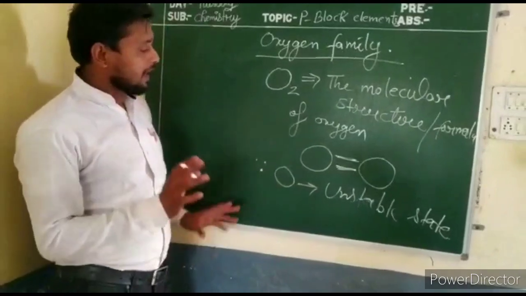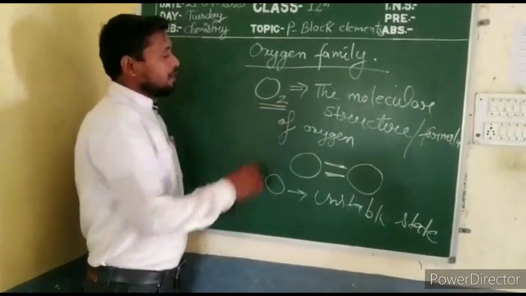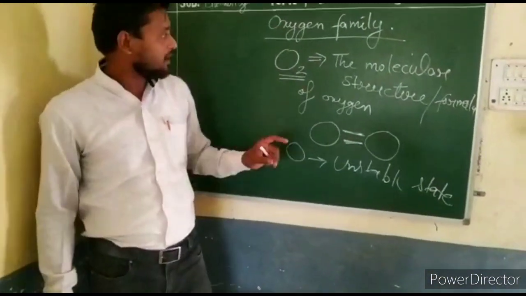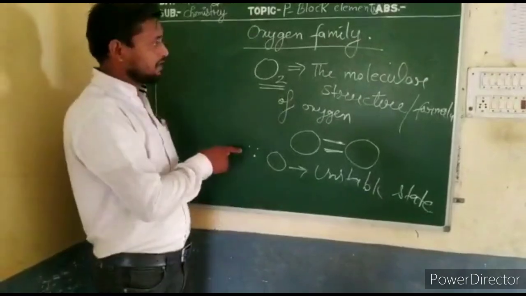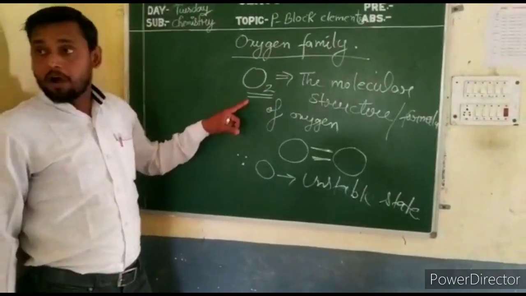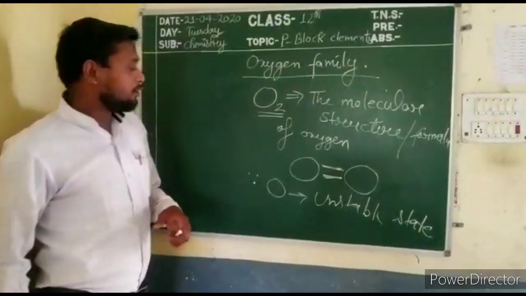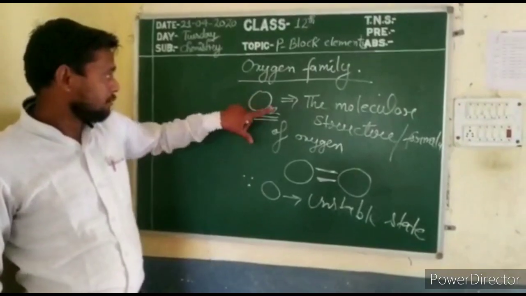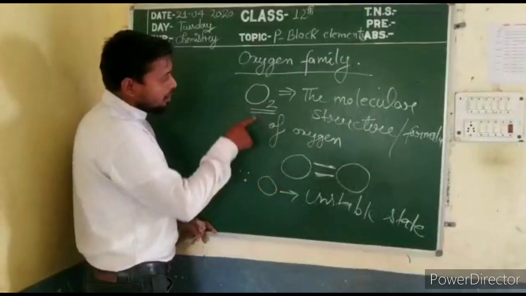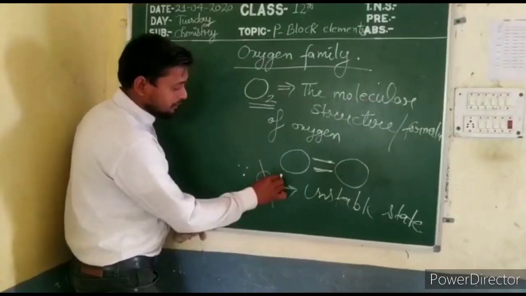So we always write the molecular or chemical formula of oxygen as O2. Here we are discussing the oxygen molecule. We can never write oxygen like this single O. This is totally false.